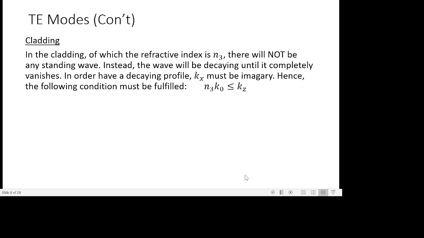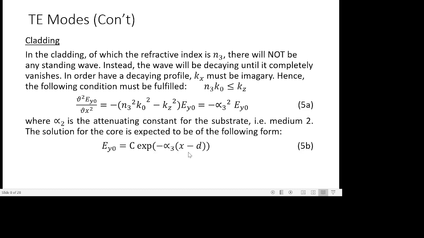Similarly, for the cladding, we are going to have a similar treatment as for the substrate. The refractive index of the cladding is n of 3. There will not be any standing wave, and the wave will be decaying until it completely vanishes. Like what we have done before, k of z has to be greater than n of 3 times k0.